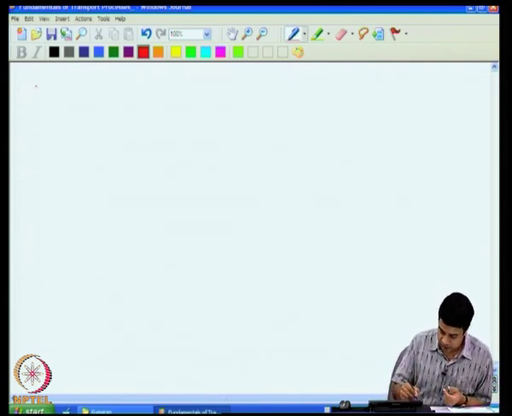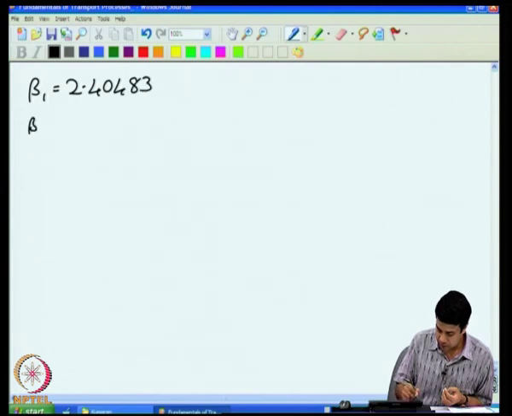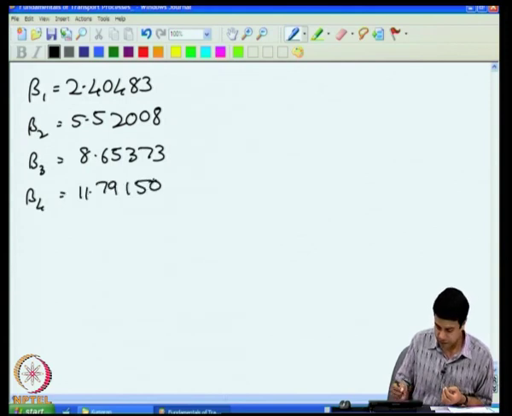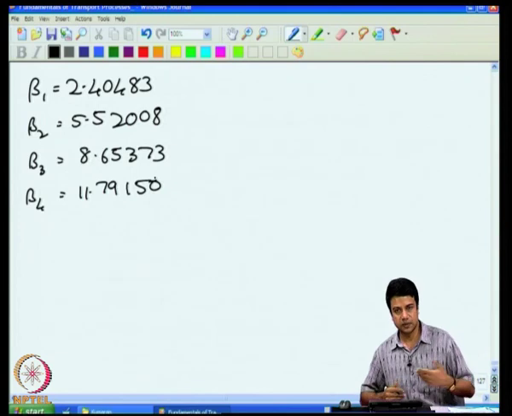For example, beta 1 will be equal to 2.40483, beta 2 is equal to 5.52008, beta 3 is equal to 8.65373, and so on. Okay, you have a discrete set all the way up to infinity.